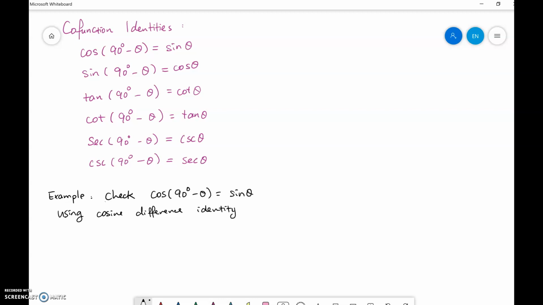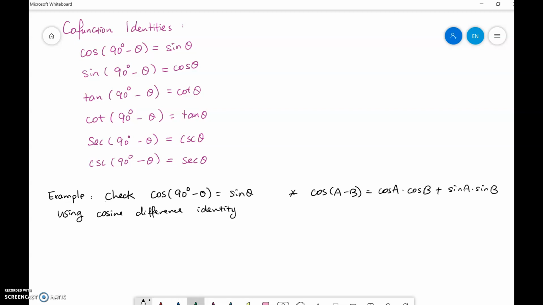Okay, so again, the cosine difference identity says if I have cosine of a minus b, I can find it by using cosine of a times cosine of b plus sine of a times sine of b.